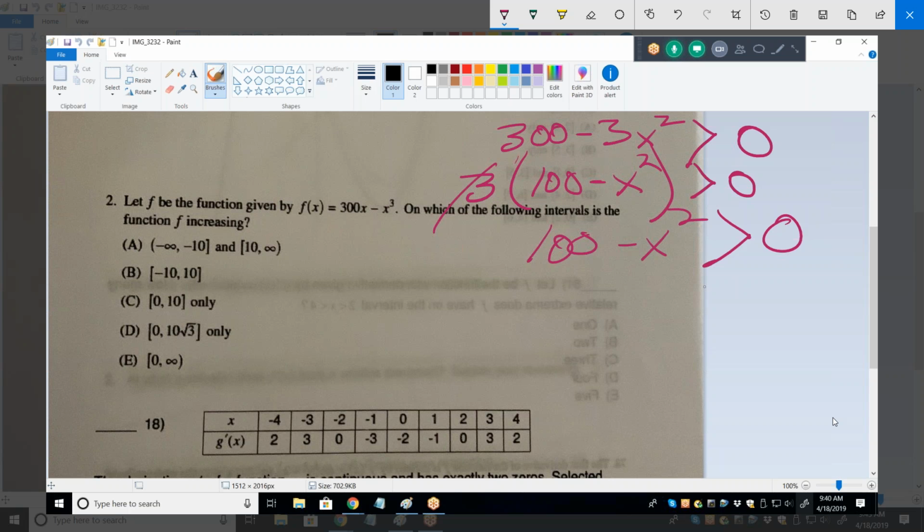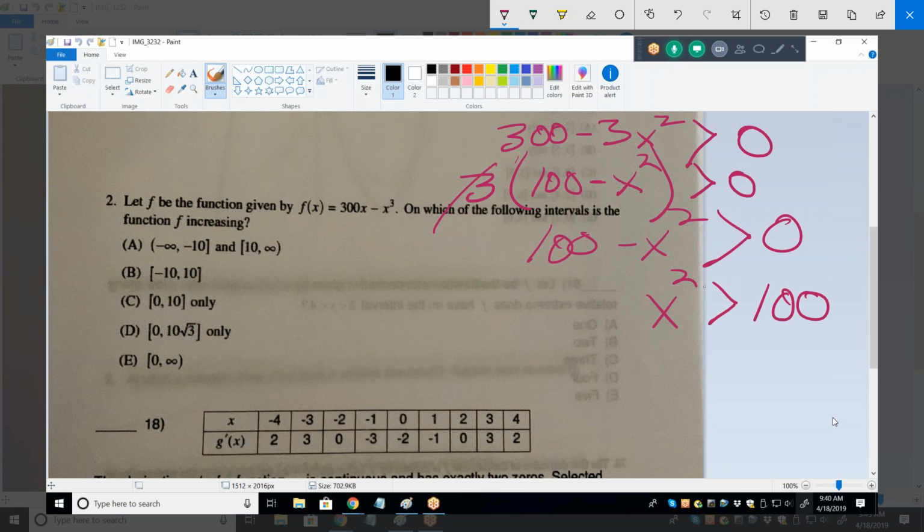Well, you could just solve it and you get negative x squared is greater than negative 100, and then divide by the negative. And then x squared is less than 100, and then you take the square root, and then it's plus or minus 10. Yeah, that's the tricky part.